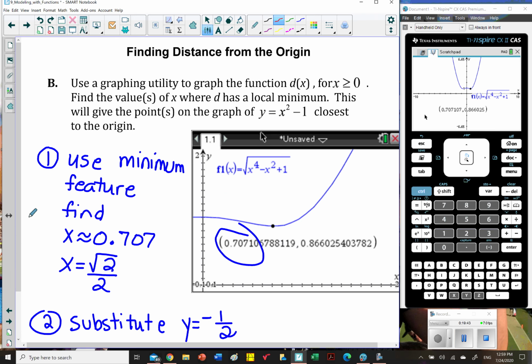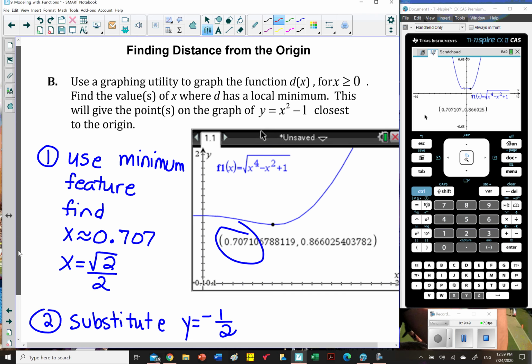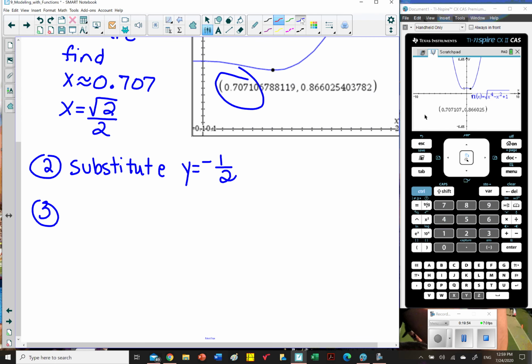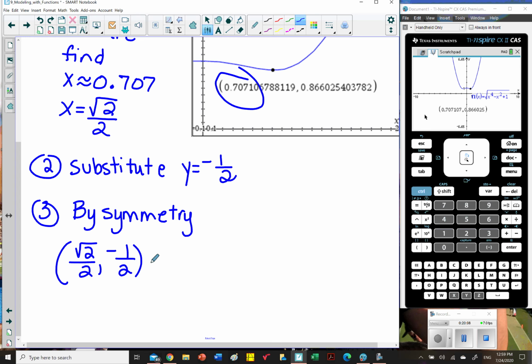So when we come over to answer the question, what point or points on the graph of the parabola are closest to the origin, then we know that by symmetry, there's 2 points. So by symmetry, we're going to have square root of 2 over 2, or 0.707, negative a half.